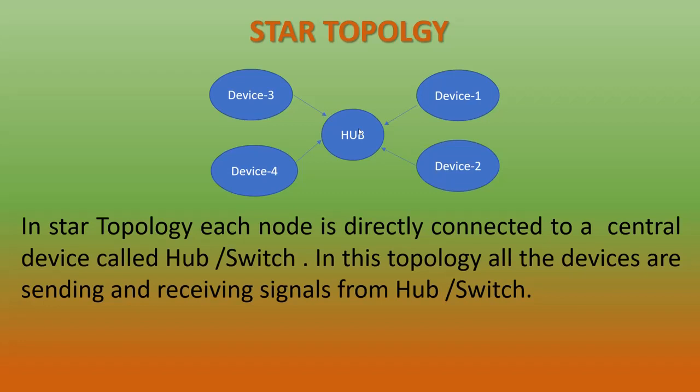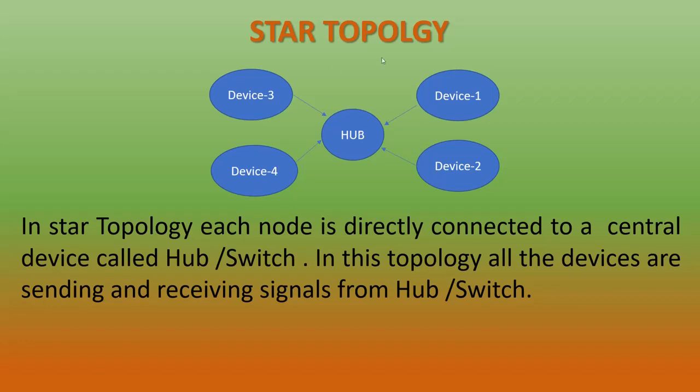Second, all the nodes are directly transmitting the signals to the hub. All the devices are directly transmitting data or signal to the hub. Because of that, the data transmission rate is high in star topology.